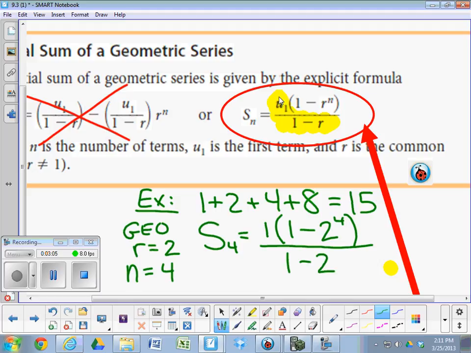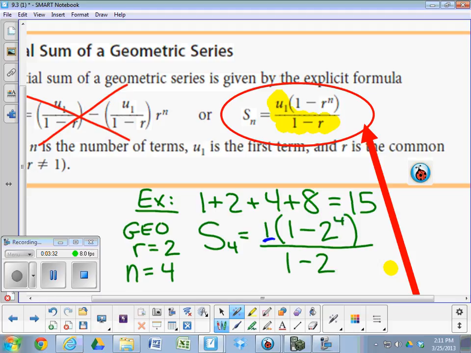Remember, if this would have been infinite and r was less than 1, or bigger than -1, we would have only done 1 over 1 minus 2. When it's finite, you repeat the 1 minus 2 again up there, but you put the number of terms as its exponent. You could drop the parentheses in this case because u1 is 1.